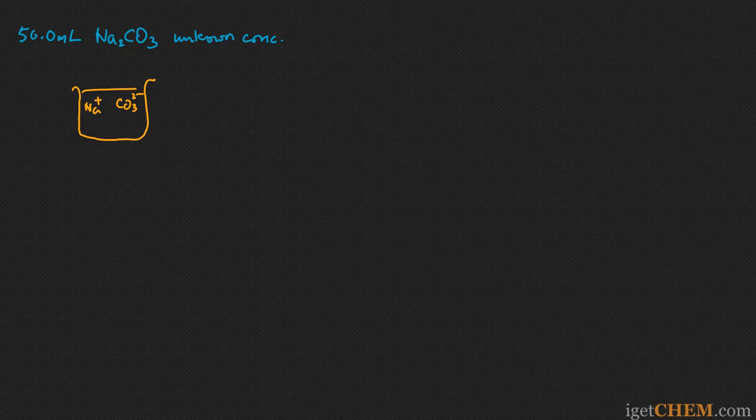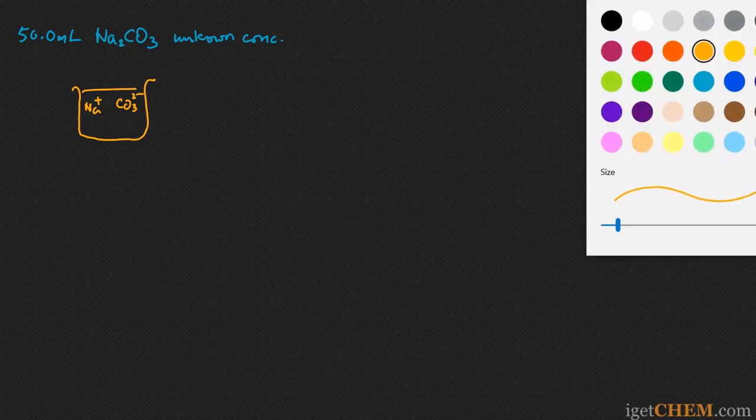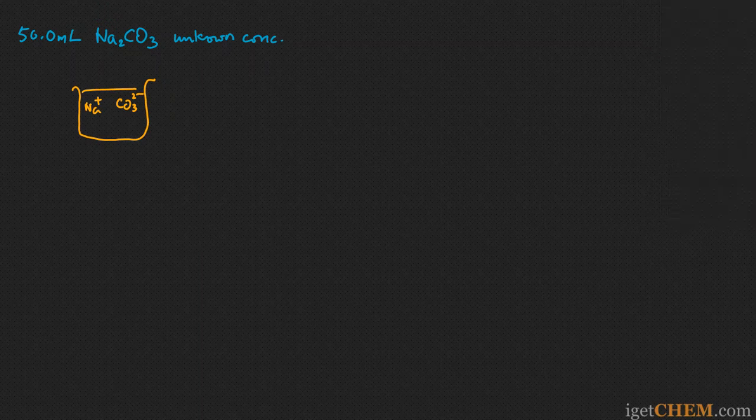So the idea is to try to measure the concentration of this solution by using something to precipitate out the carbonate. And so the idea is to take the solution and add a solution of calcium nitrate to it.